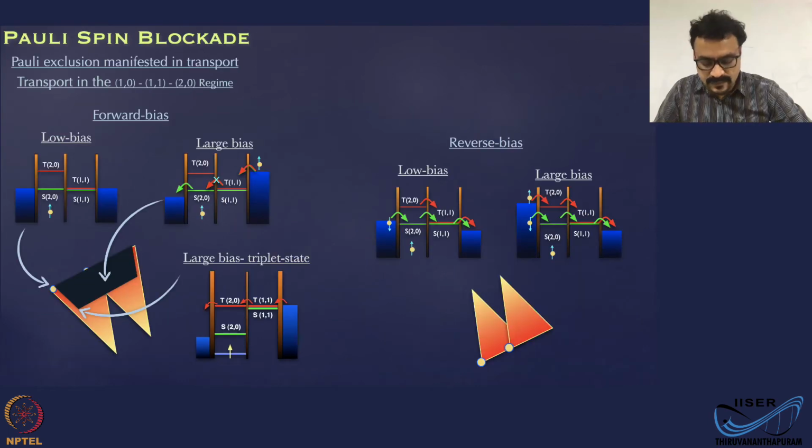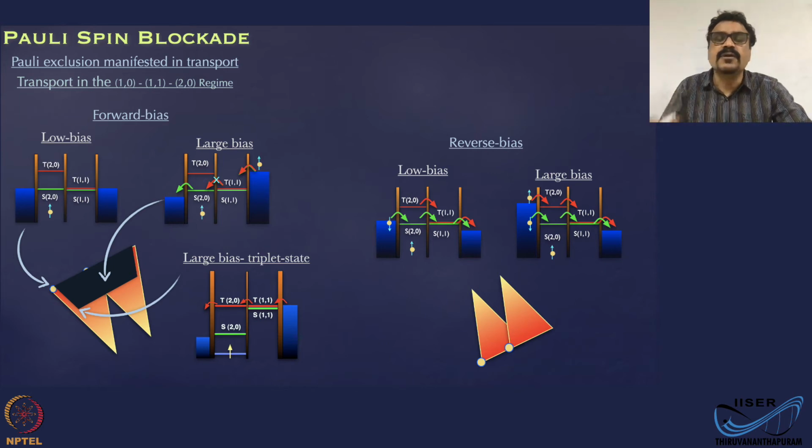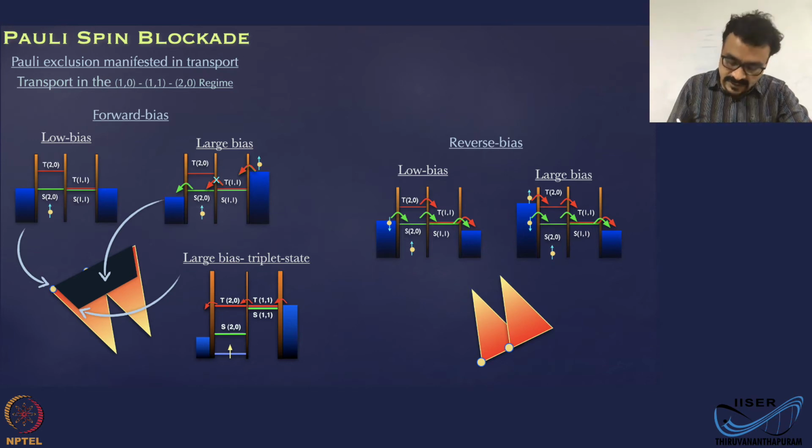Okay. After discussing the singlet and triplet states of the single and double quantum dot systems, I think now it is time that we discuss a very important and crucial phenomenon in the transport through double quantum dot systems, that is generally referred to as Pauli spin blockade or simply spin blockade.